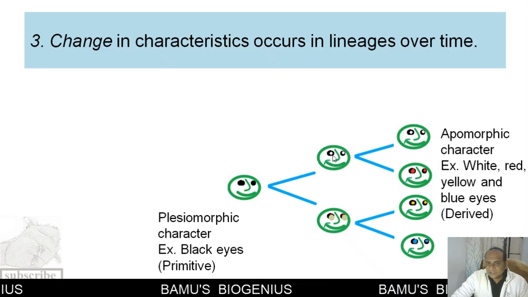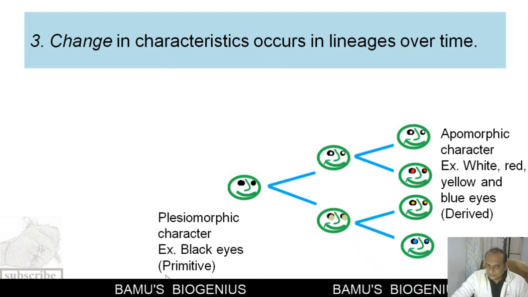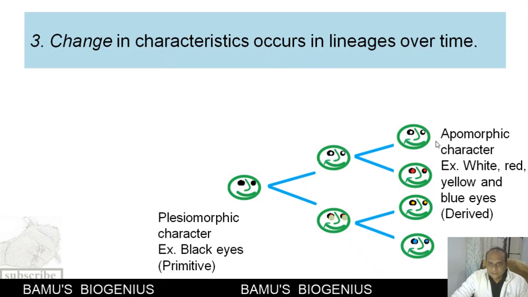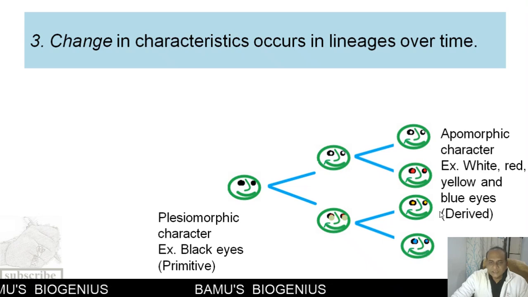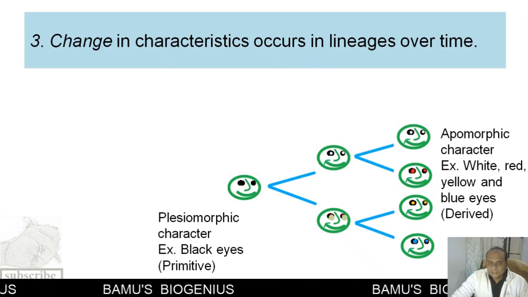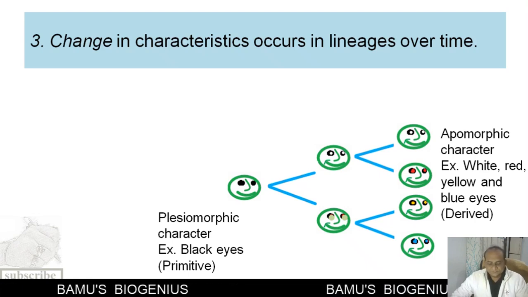These are the derived characters from the primitive character, and such a character is called an apomorphic character. Here, white, red, yellow and blue eyes are the apomorphic or derived characters from the parent or primitive species. So this is how these assumptions are used in cladistics.